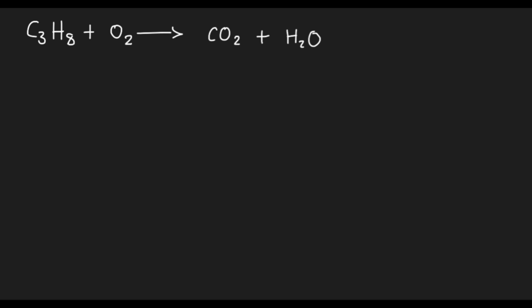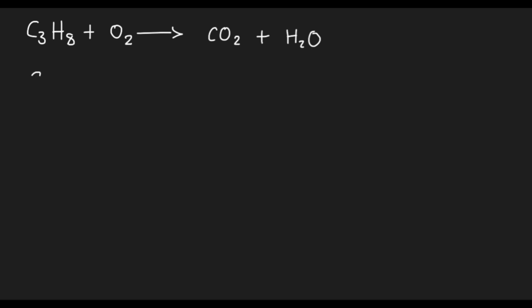For combustion reactions like this one, the first atom that you are supposed to balance is carbon. Now before we balance it, let's check if the equation is balanced or not. Sometimes you may write an equation only to find out that it is already balanced.